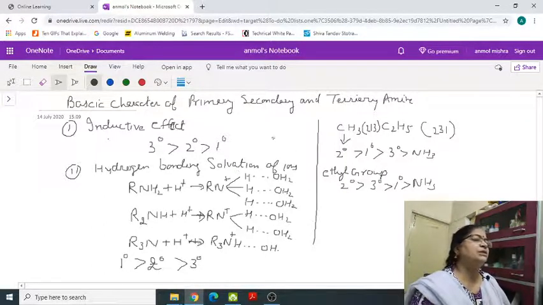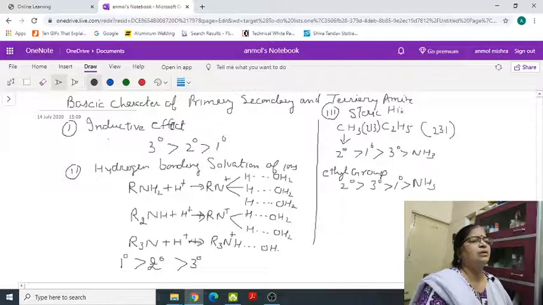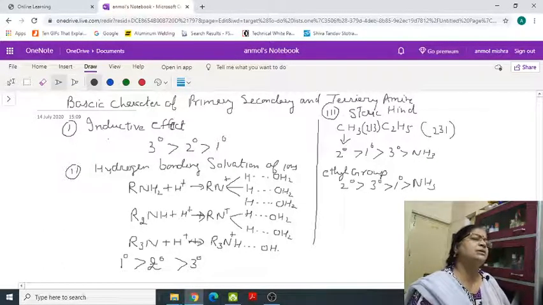And third factor is steric hindrance. With increase in the size of the alkyl group, steric hindrance comes into existence. So again the order of basicity changes.